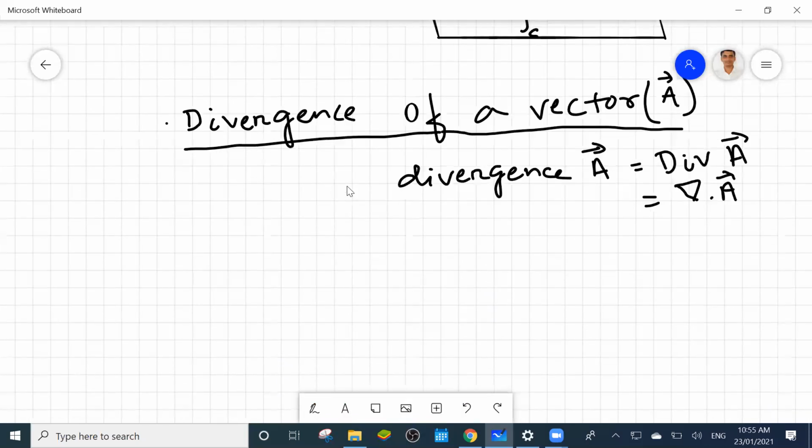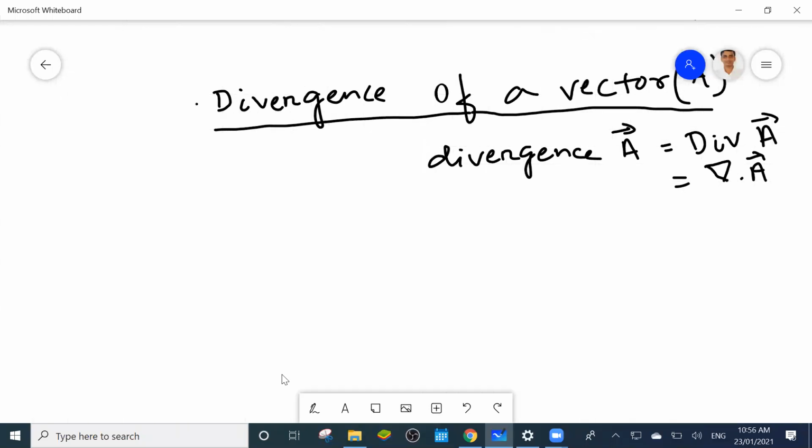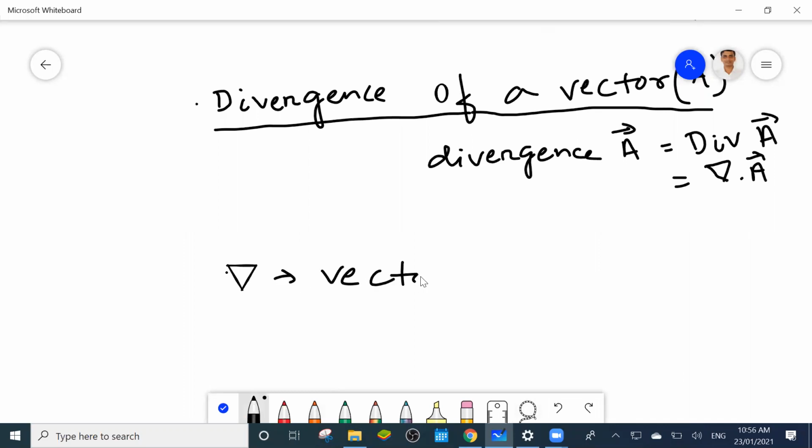So this divergence means dot product. Del is also a vector quantity, A is also a vector quantity.